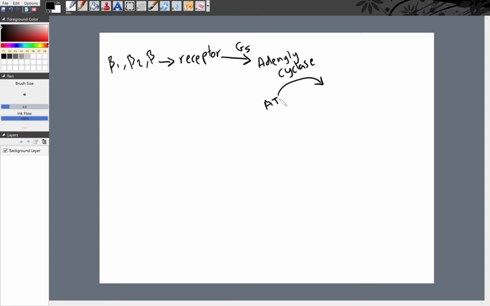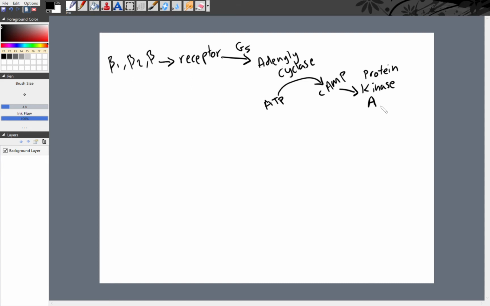So it takes ATP and converts it to cyclic AMP. Cyclic AMP is going to activate a kinase. But do you know which kinase it's going to activate? Protein kinase A, because we're talking about ATP, so that corresponds to that. And it's adenylyl cyclase for that reason, because this is adenosine triphosphate.